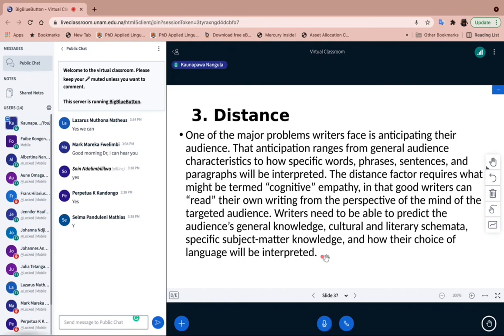You understand? Or the vocabulary that they use is so scientific that people don't really understand. That's why in our classes, when we train our learners, we need to train them in such a way that they know their audience.